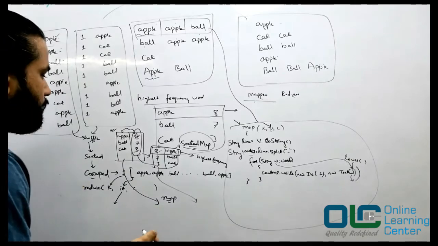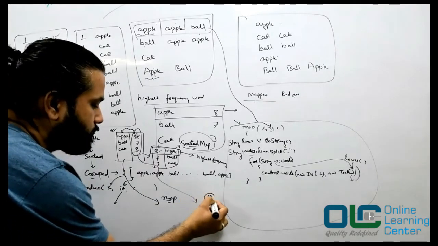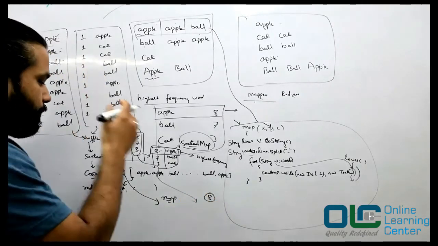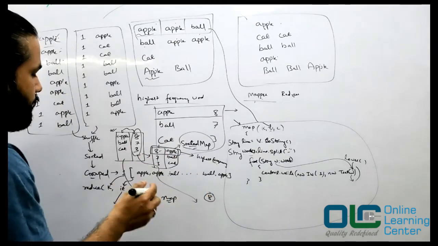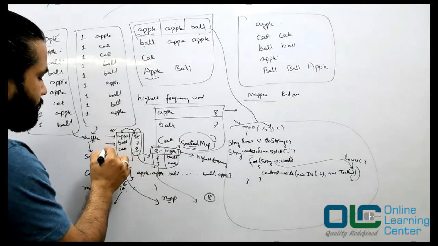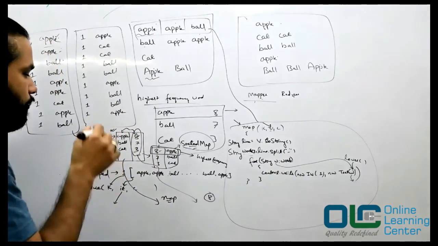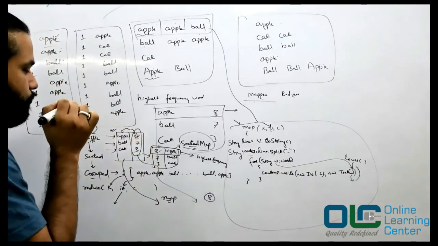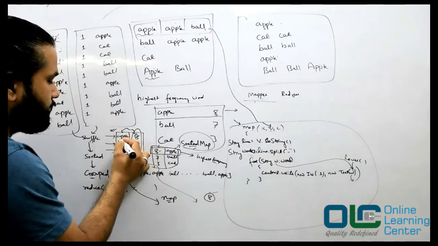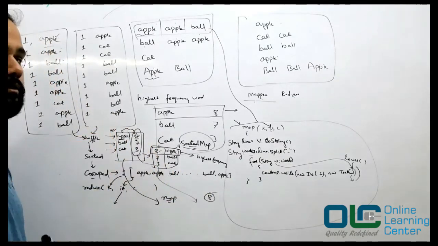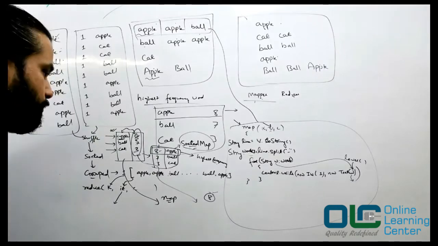And let's assume we have 8 as the highest occurrence. Then what you can do is iterate through this map again, and for every such word which has 8, you print this apple and 8. Okay, that is one another approach to solve it.